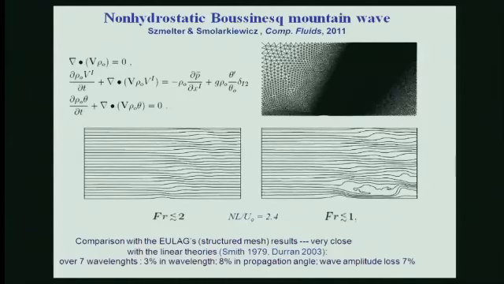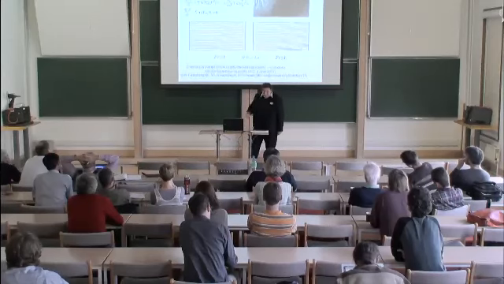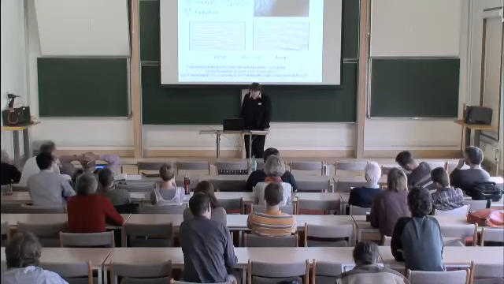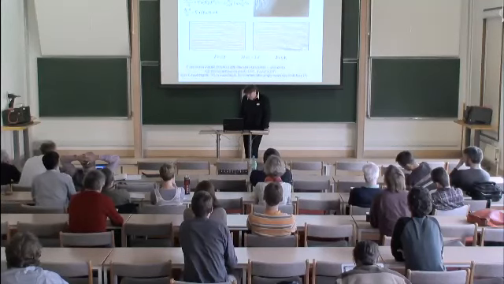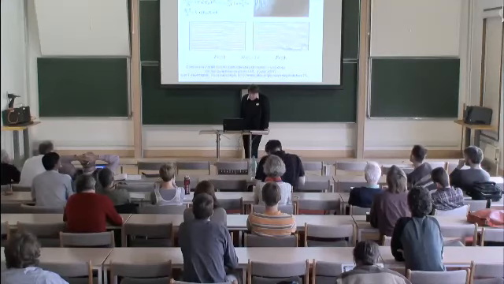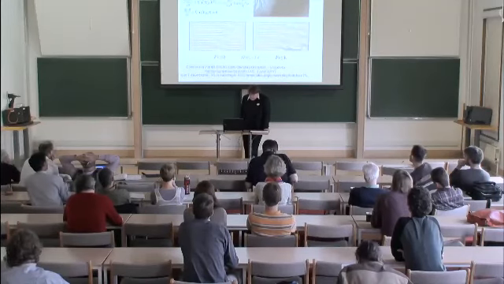The next thing was to see, can we do the typical canonical problems for non-hydrostatic solvers, which one should need to pass to confirm that the implementation is correct. So the elementary non-hydrostatic model which we have used first is this example of a non-hydrostatic Boussinesq mountain wave.